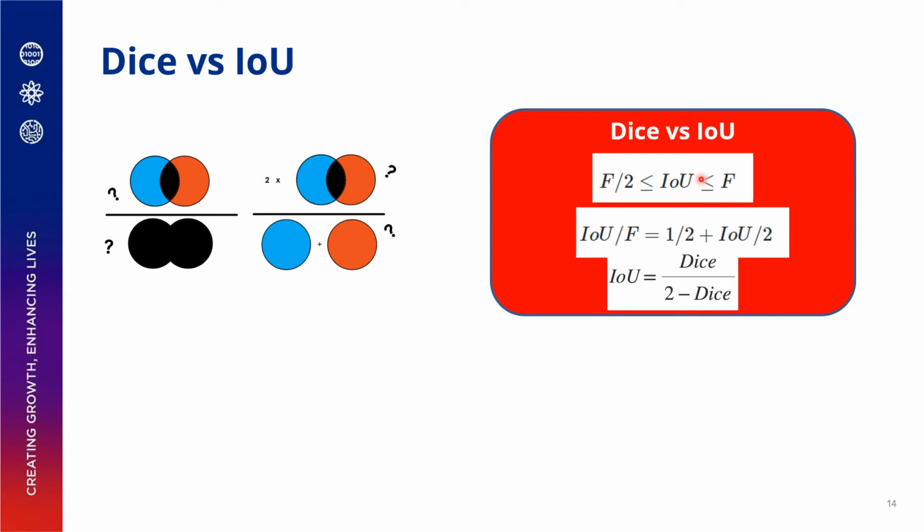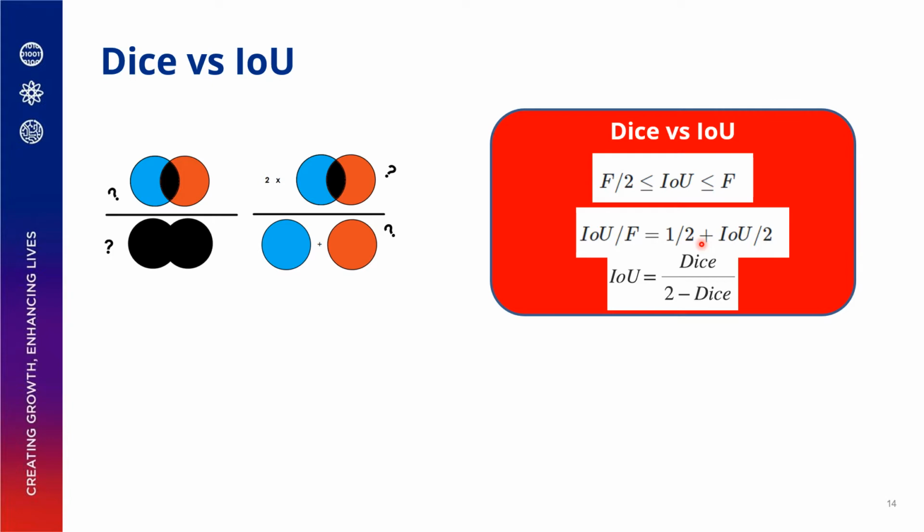However, if there is no intersection at all, both will be 0. IOU can be written as dice divided by 2 minus dice, and similarly, you can write dice as an equation in terms of IOU.